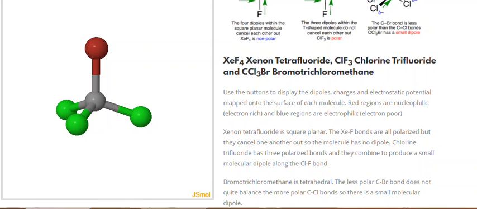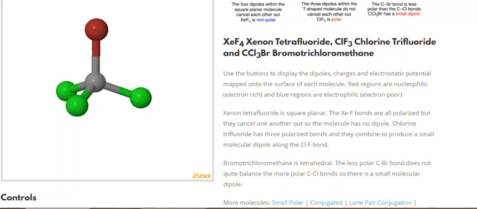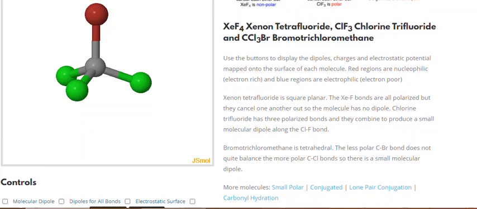Chlorine trifluoride has 3 polarized bonds and they combine to produce a molecular dipole along the chlorine-fluorine bond, while bromotrichloromethane is tetrahedral. The less polar carbon-bromine bond does not quite balance the carbon-chlorine bonds, so there is a small molecular dipole.